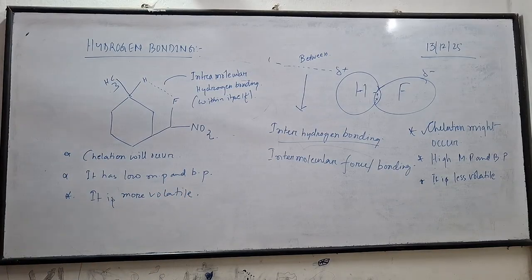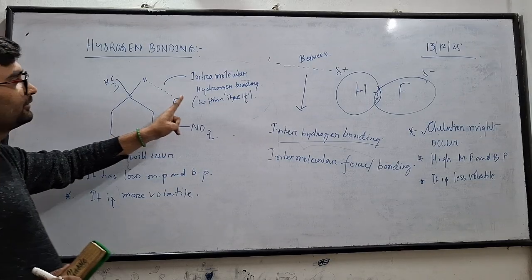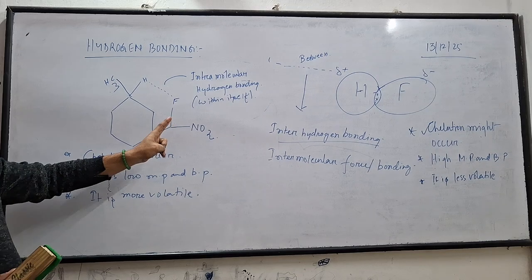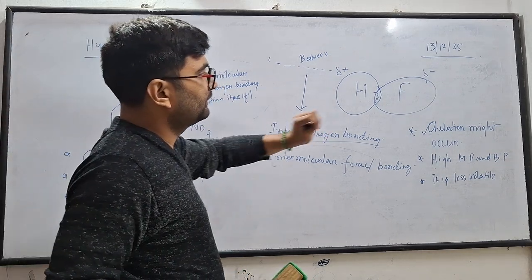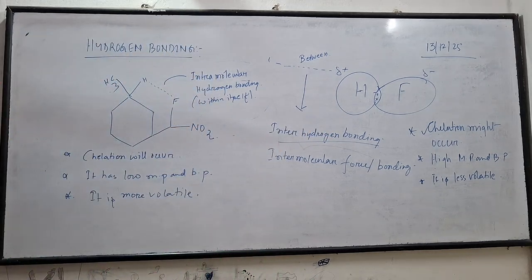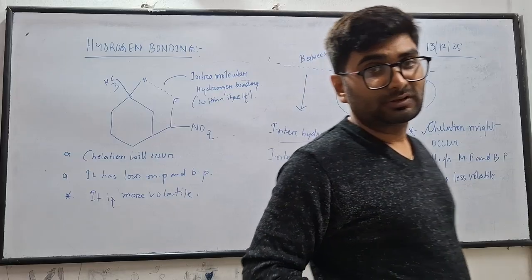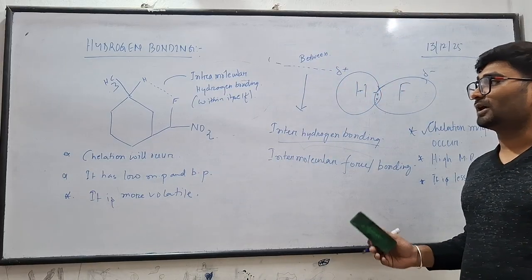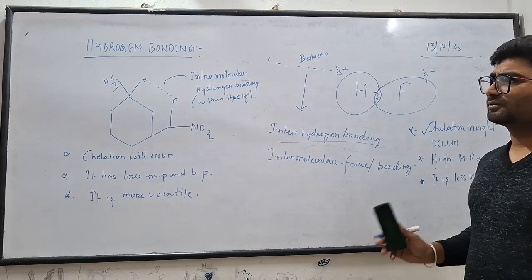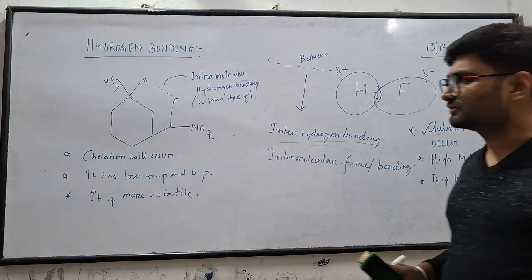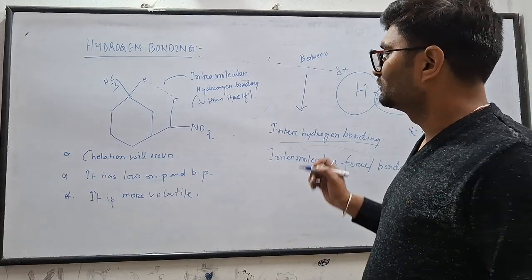This is how we define the hydrogen bonding, that is intramolecular, and here it is intermolecular. This is how we define the two hydrogen bondings. I hope you are clear with the topic, how you are going to show the hydrogen bonding, and various questions are asked in the examination for this, where you should remember what?